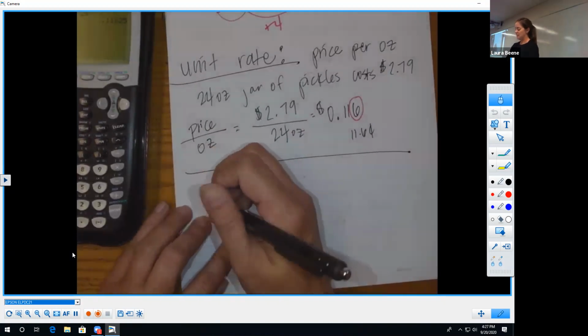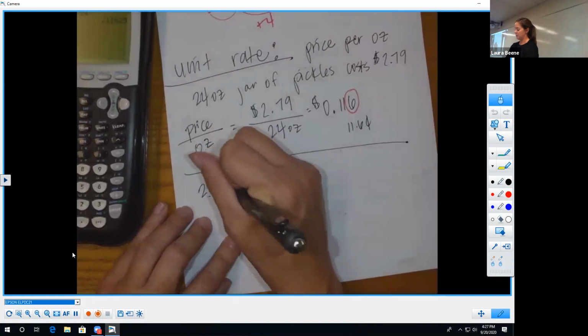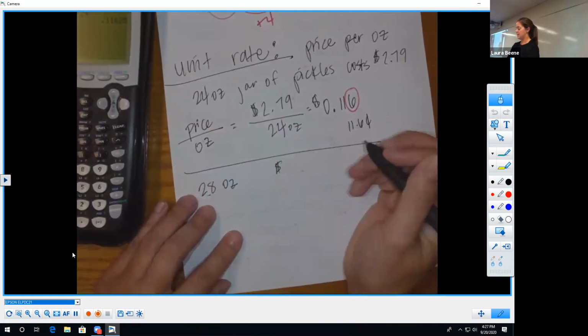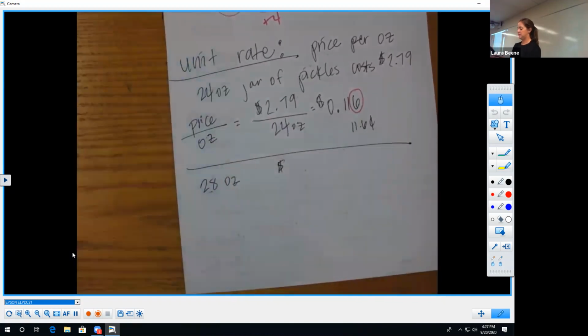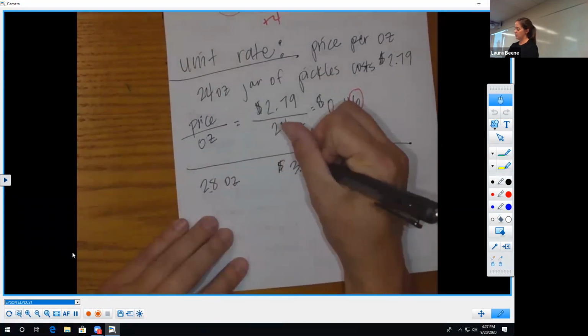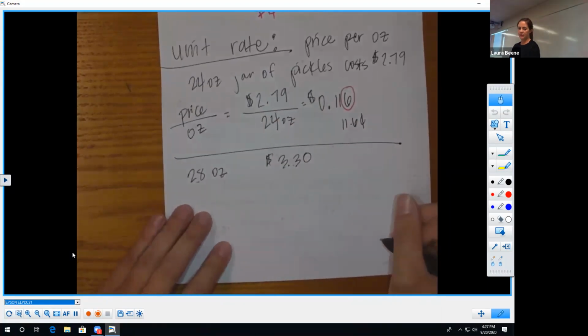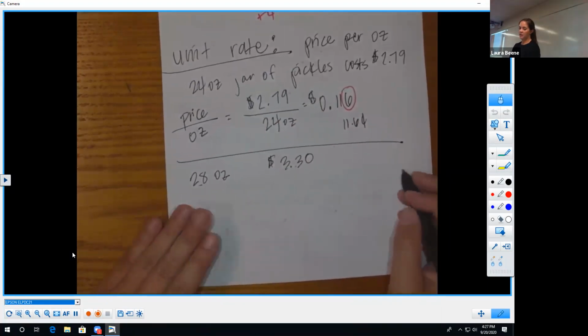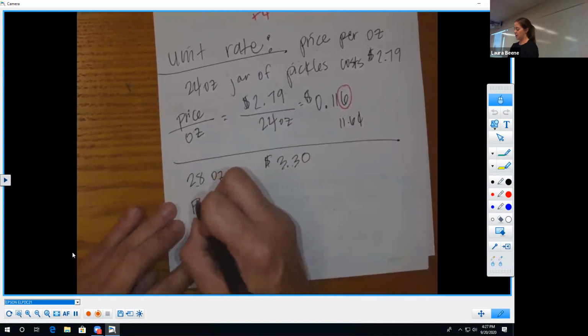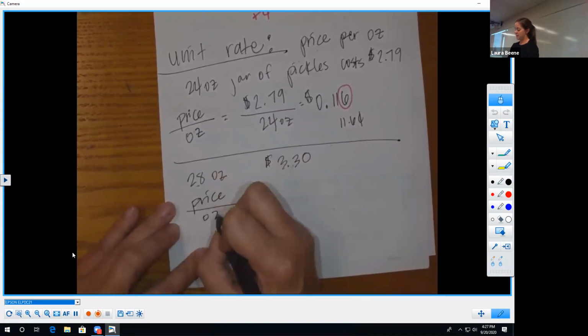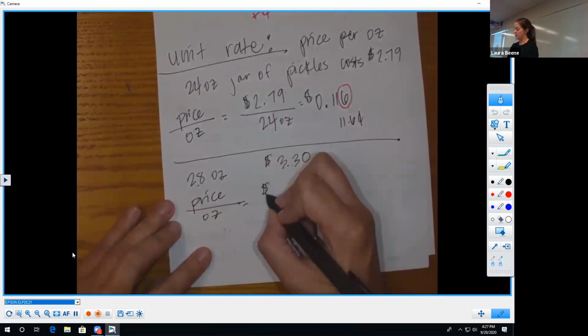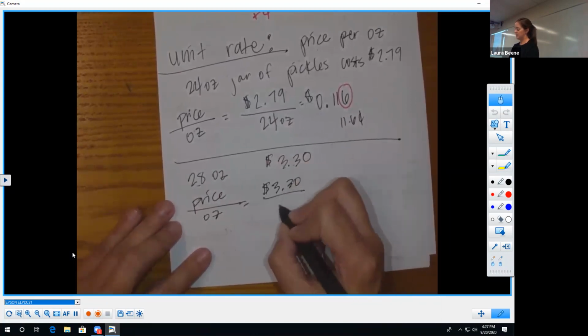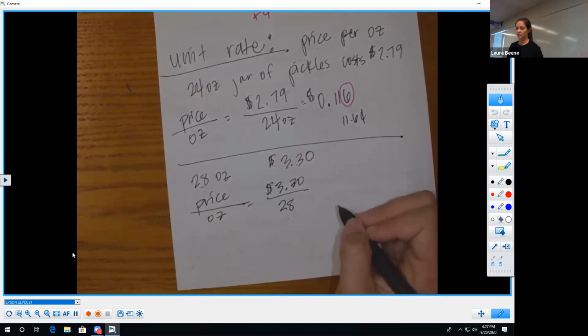Let's say that was a 28-ounce jar of pickles, and what if that cost $3.30? Okay, so let's figure out the price per ounce for this one. Again, it's price divided by the number of ounces there are. So $3.30 divided by, this time it's a 28-ounce jar.